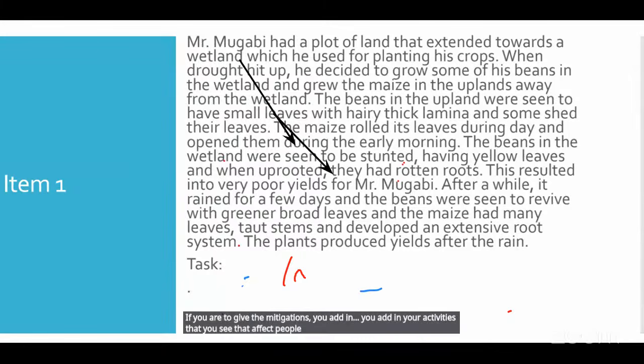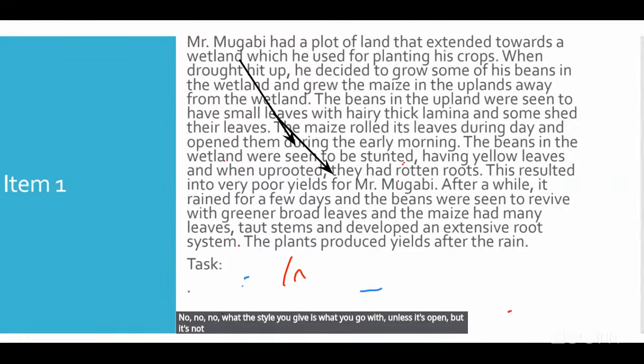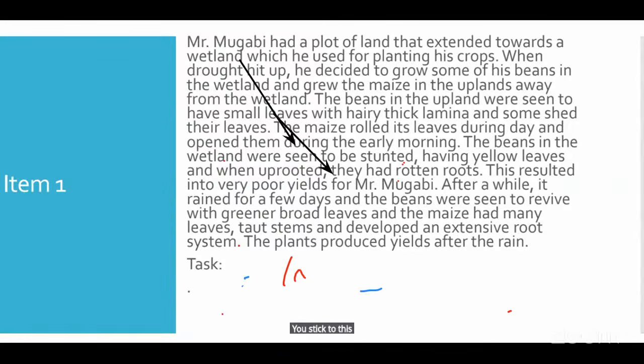No. You stick to the scenario. What the scenario gives you is what you go with, unless it's open, but it's not open. You stick to the scenario. So in case they are free, I only give 3 responses and respond to those ones. Okay, teacher, thank you.